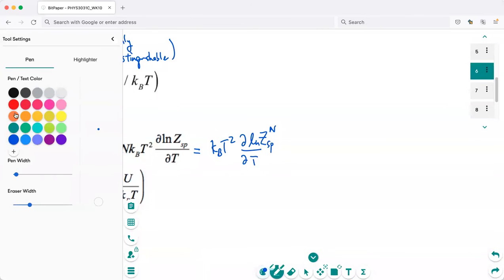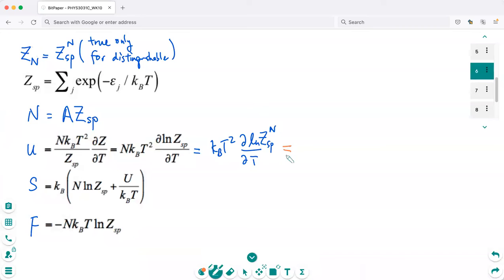And therefore, I can also choose to do it this way. I can choose to develop the whole thing from the system partition function.